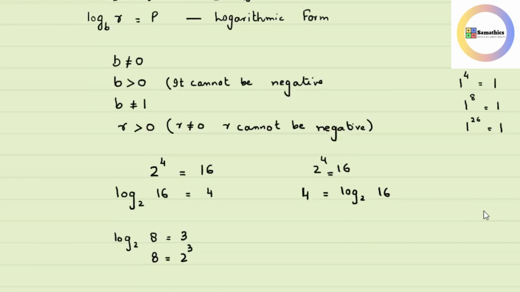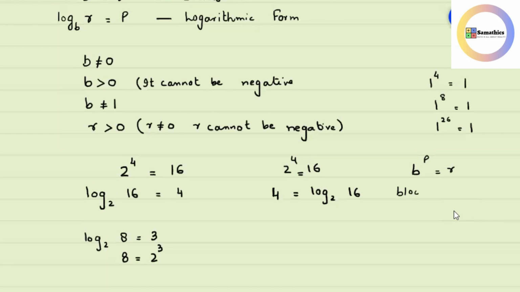You have written 2 as the base here, 16 was already there, and you have written 4 here. And when you are converting the other way, you are writing 8 as it is, and you are writing 2 to the power of 3. You can remember this as B power P is equal to R, in this way you will be able to remember the order.